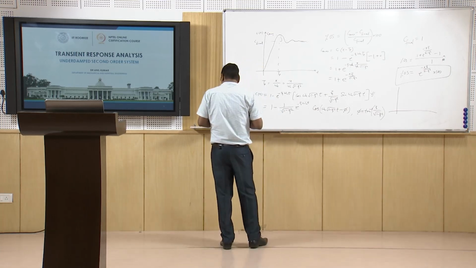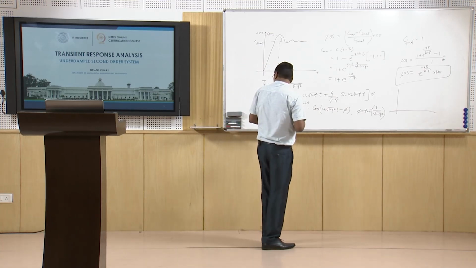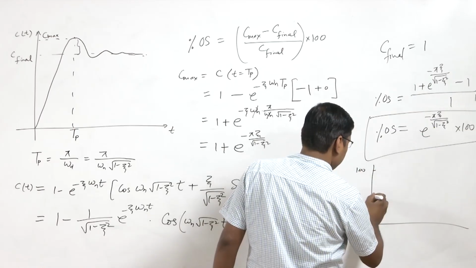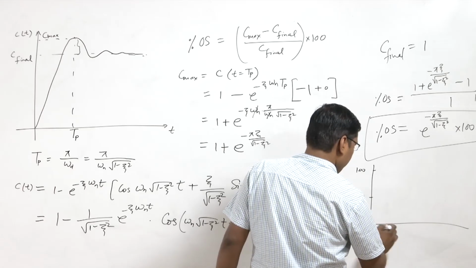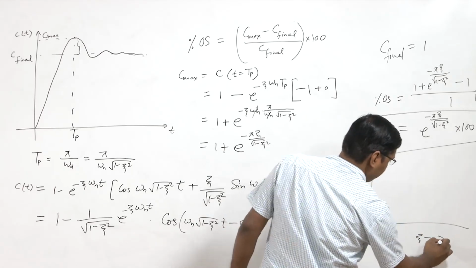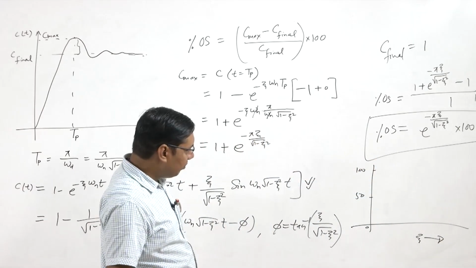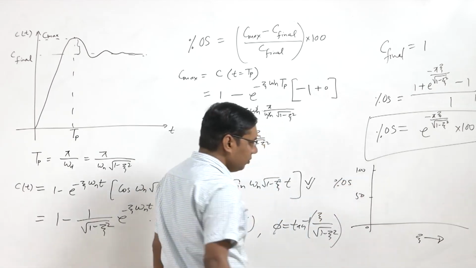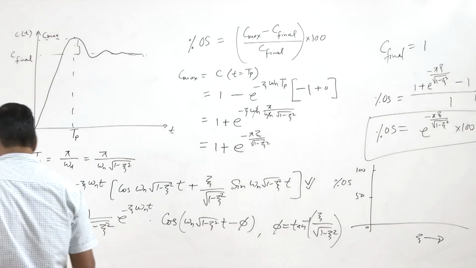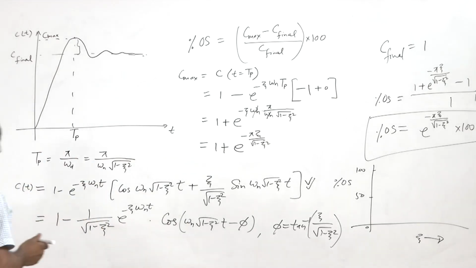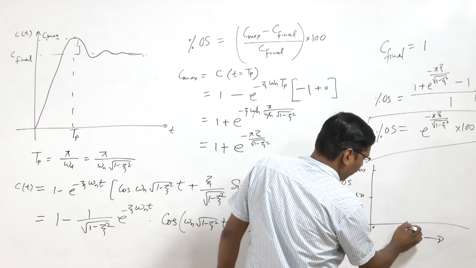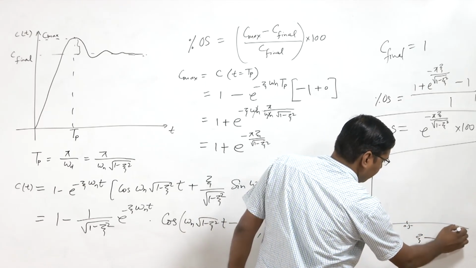So let's say this is 100, this is 50, this is 0, and this is damping, and this is percent overshoot, and damping is varying from 0, let's say 0.5, 0.9 something.